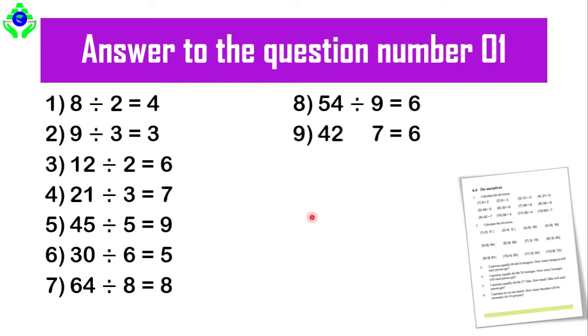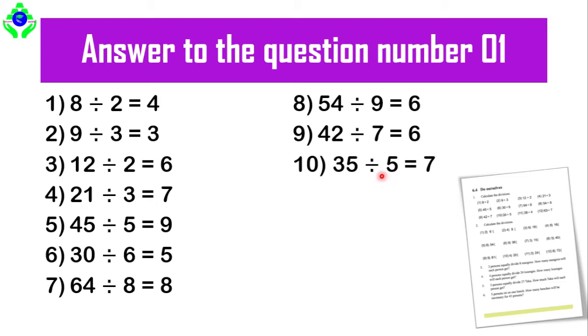Question number 9, 42 divided by 7 is equal to what? 42 divided by 7 is equal to 6, because if we multiply this 6 with the 7, the answer will be 42. Question number 10, 35 divided by 5 is equal to what?